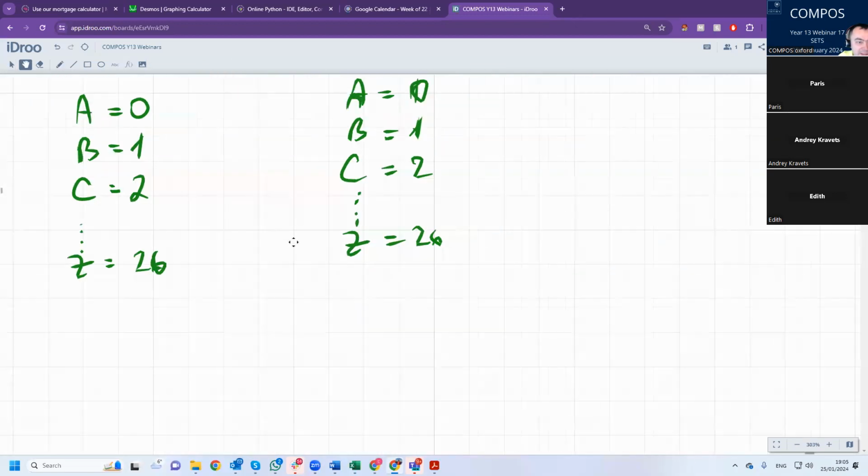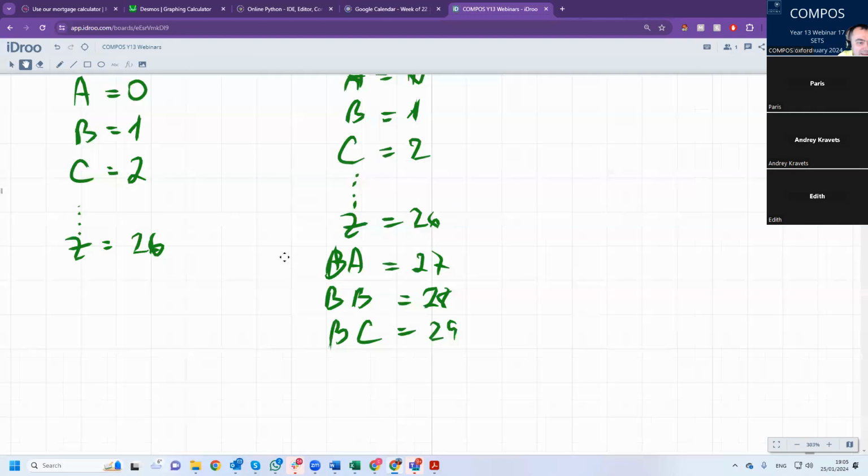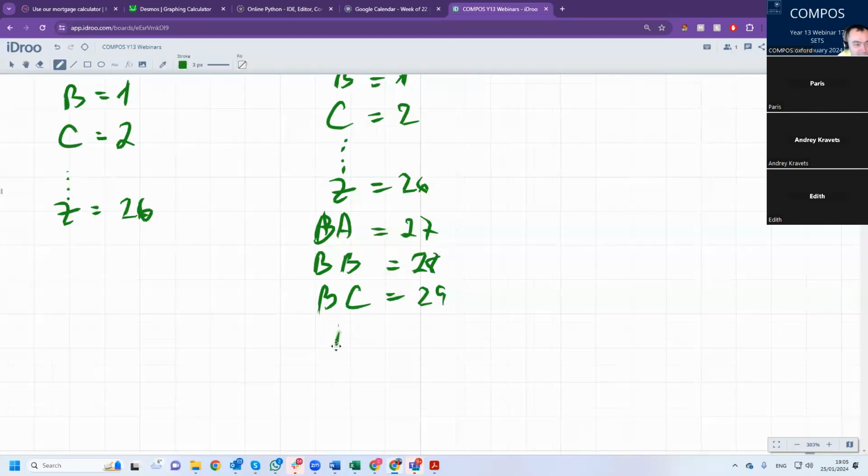So after Z, you would have BA. BA is going to be 27. B is equivalent to 1, right? So 1, 0. That's 27. BB is 28. BC is 29, etc. And ZZ is going to be something, right?